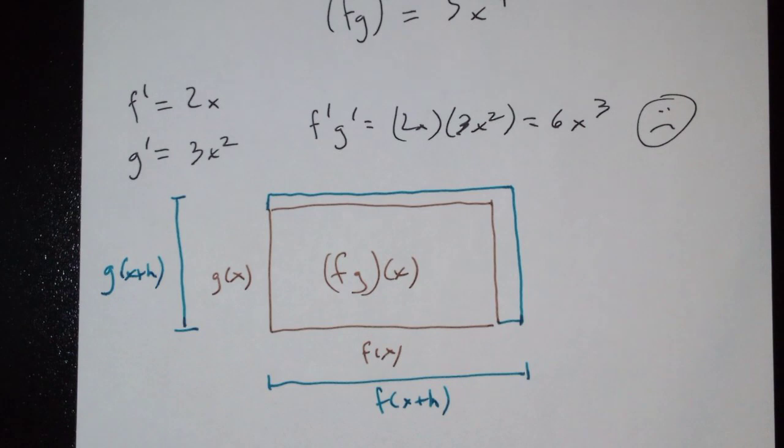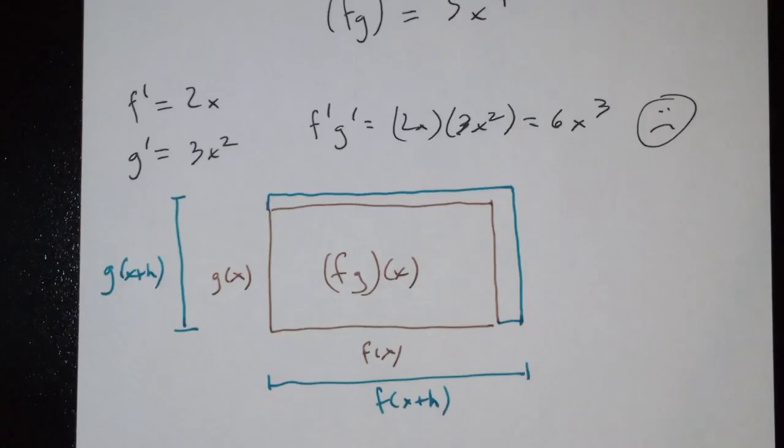And what I really want to know is how did the area of my rectangle change? I should take the whole box, including the big blue stuff, minus just the box that has the brown stuff, and I should take the difference in those.